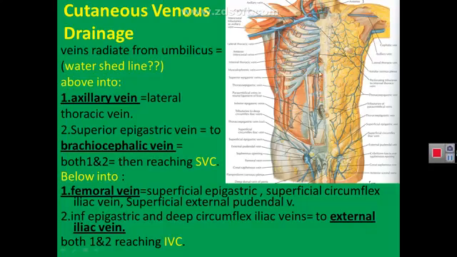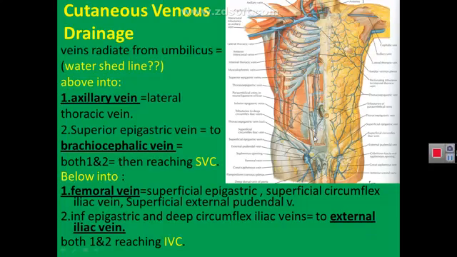Of course, that which goes above to the superior vena cava goes via the lateral thoracic vein, which is a tributary of the axillary vein, and the superior epigastric vein, which is a tributary of the internal thoracic vein, which ends into the brachiocephalic vein. Of course, the superior epigastric vein runs with the superior epigastric artery inside the rectus sheath.